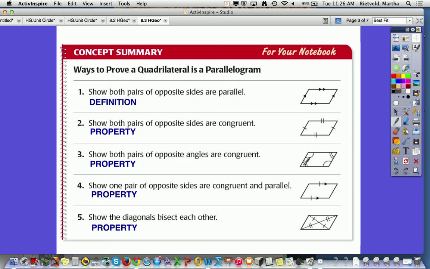The fourth one shows one pair of sides marked as parallel and congruent. Notice the other two sides aren't marked at all. We're only talking about one pair of sides in this property. And the fifth one shows that the diagonals bisect each other with the congruent markings. Again, knowing any of these properties are true for your four-sided figure, you can make the conclusion that you have a parallelogram.